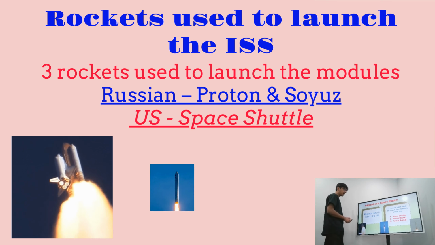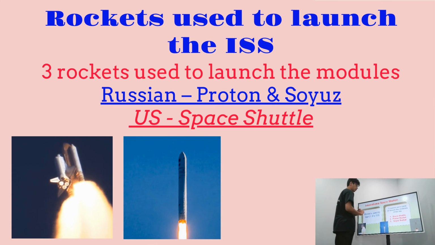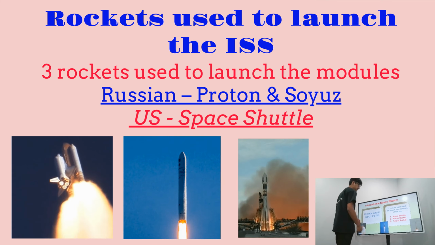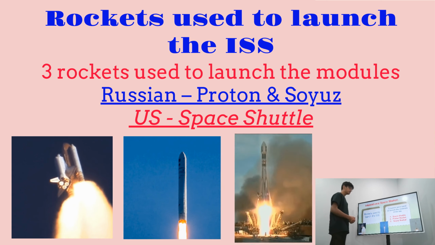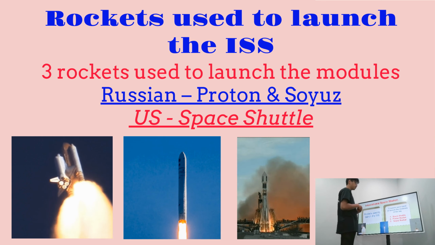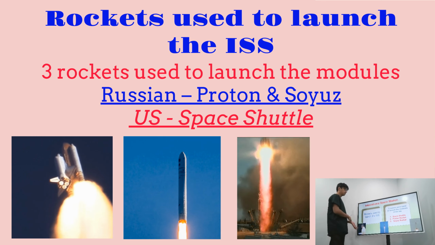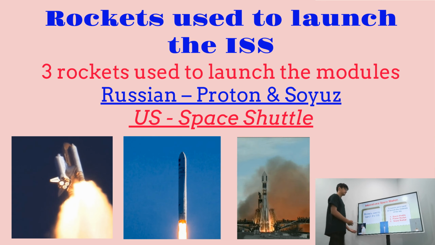The second was the Proton rocket, which also helped launch some of the modules of the ISS. And third, we have the Soyuz rocket as well. These were the three main rockets used to launch most of the parts of the ISS into space, and from there it became easier to build. So these are the rockets that were used to help build the ISS.